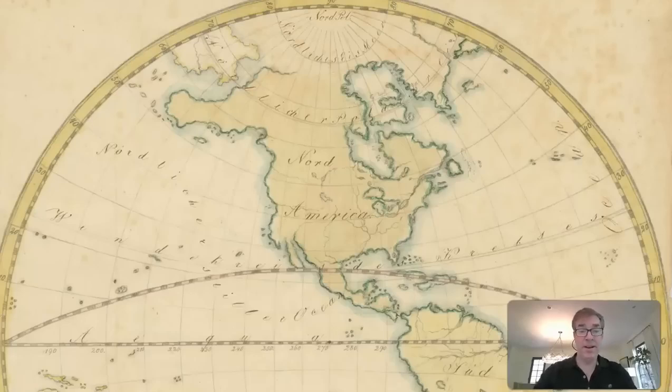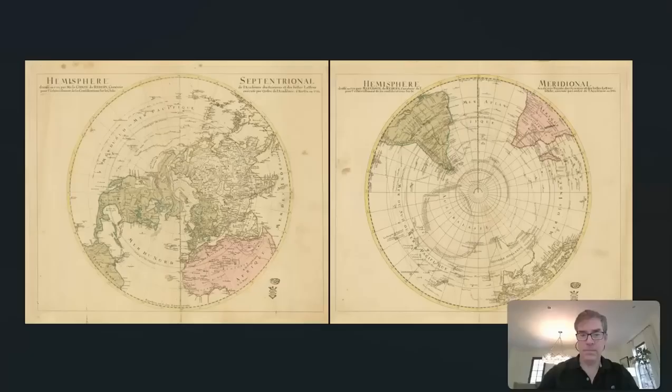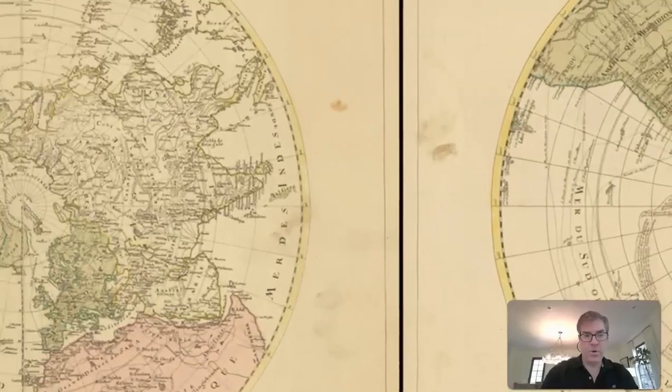It's more peninsula-like, and that land is unknown as to what's there, basically. And here it is again on this map on the left, showing this land is now a peninsula.